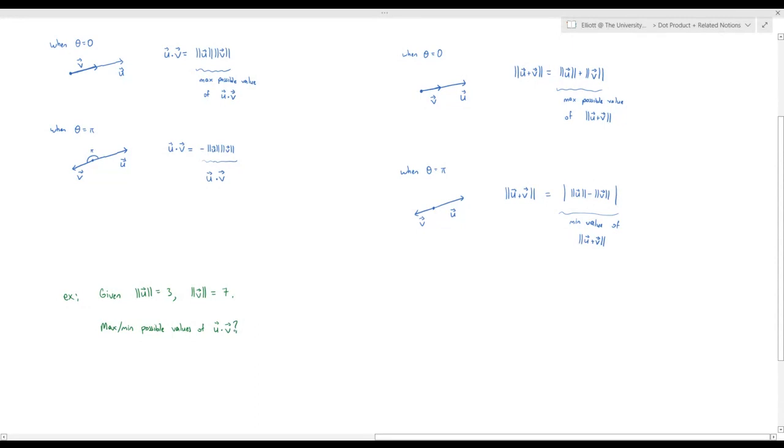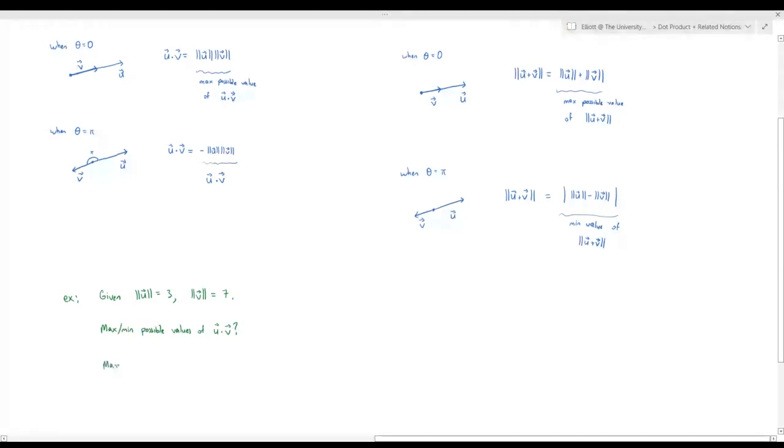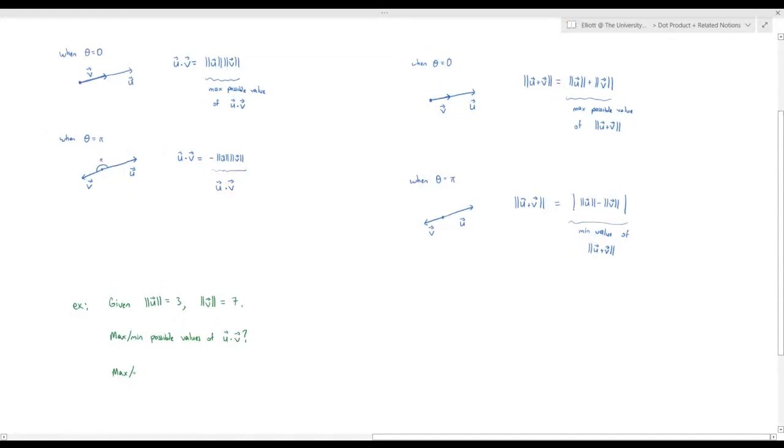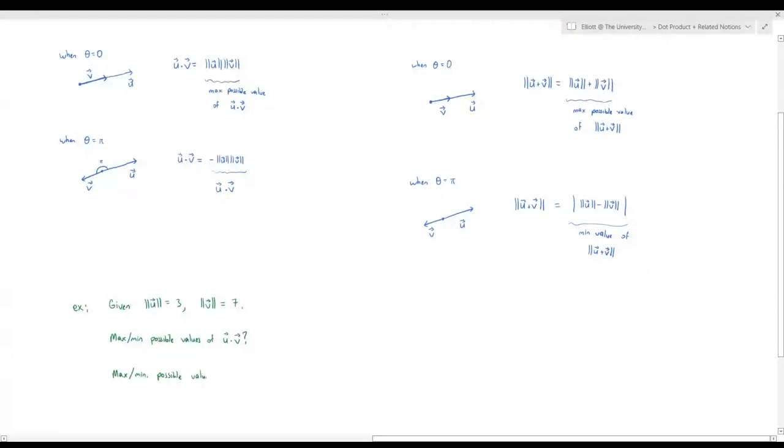And likewise, let's say you were also asked, just given that two vectors have these magnitudes, what are the maximum and minimum possible values for the norm of the sum?